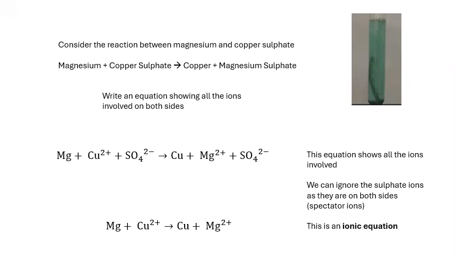What we can do is ignore the sulfate ions because they're on both sides of the equation and they don't actually do anything. We call them spectator ions because they're just looking on, not doing anything. So ignoring them, we end up with the equation at the bottom, and that's called an ionic equation.